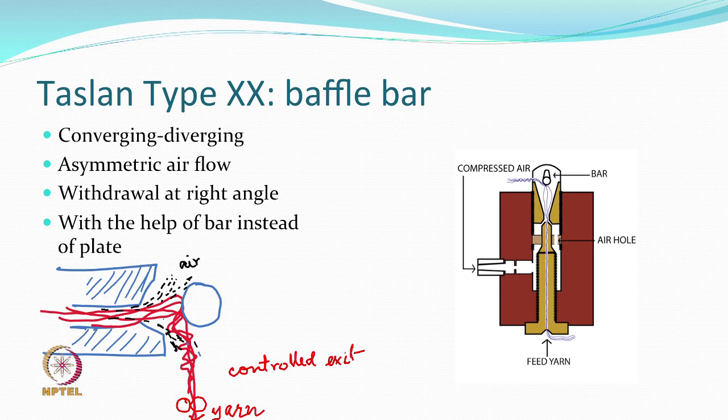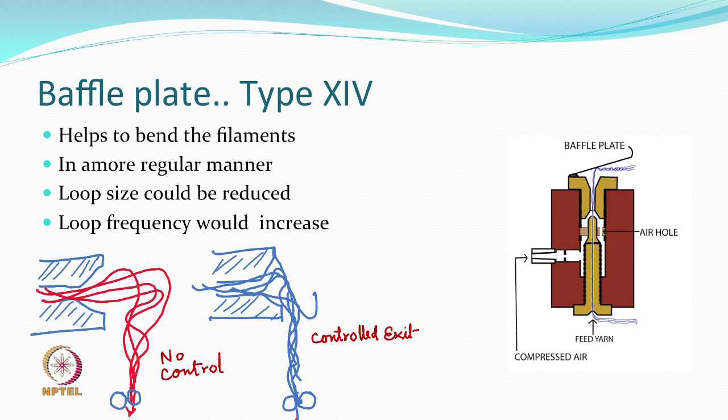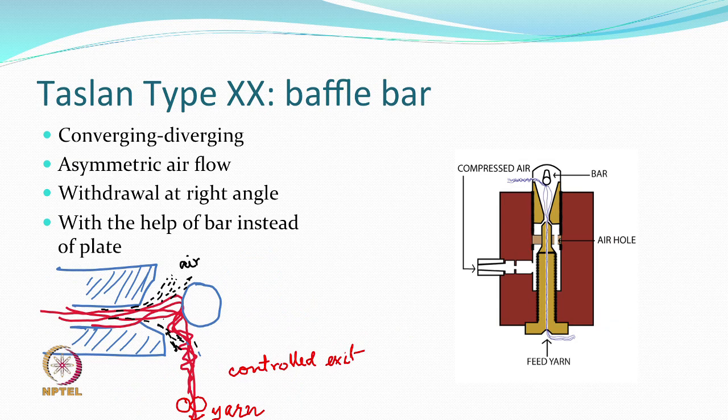Based on the size, the air will keep moving in this direction or in this direction without any obstruction, unlike with the plate, where the air would find it difficult to move up in this direction, and has to follow this path. So, this is an additional advantage. That is one example: Taslan 20 had this kind of a baffle bar.